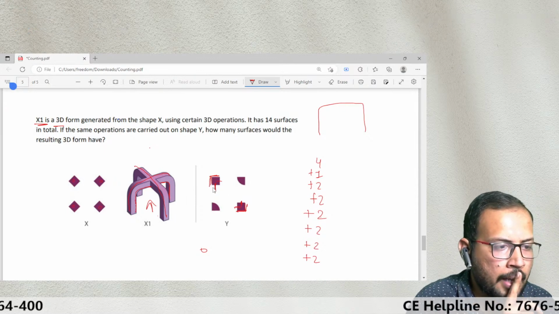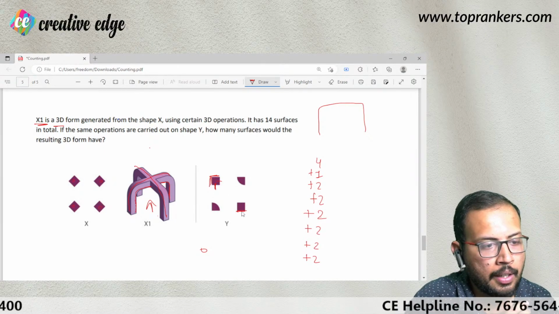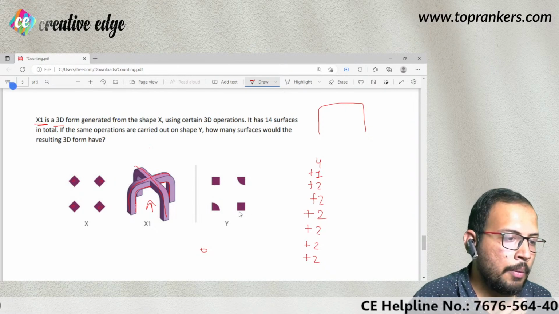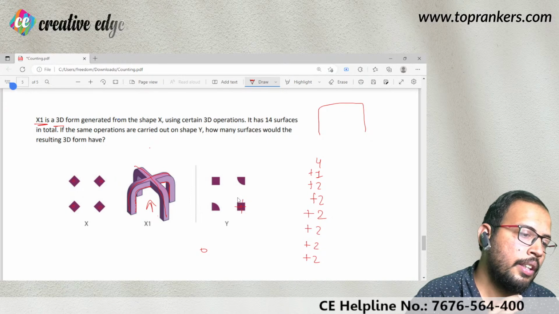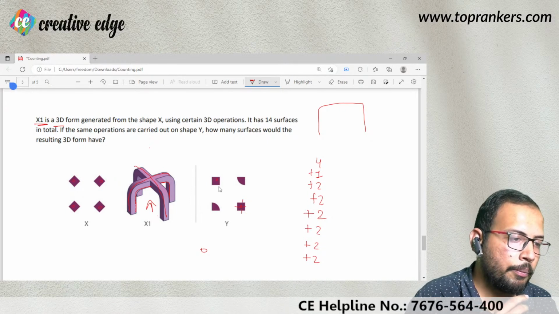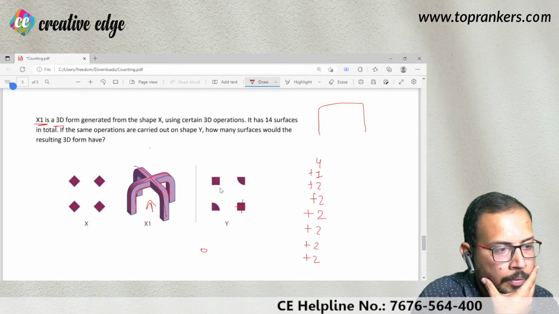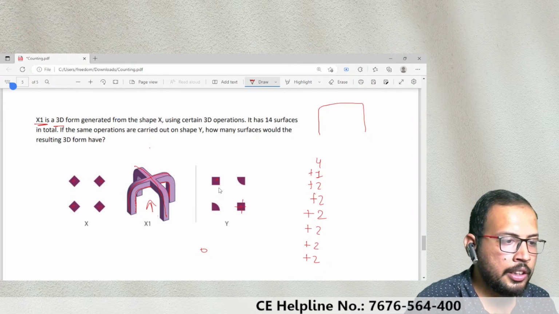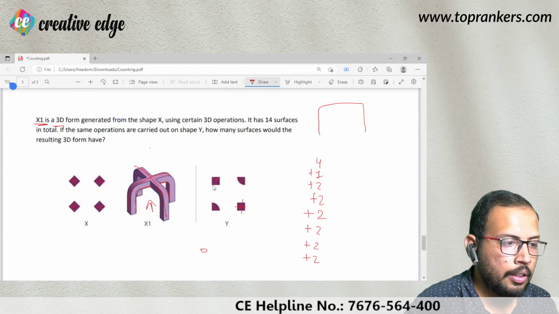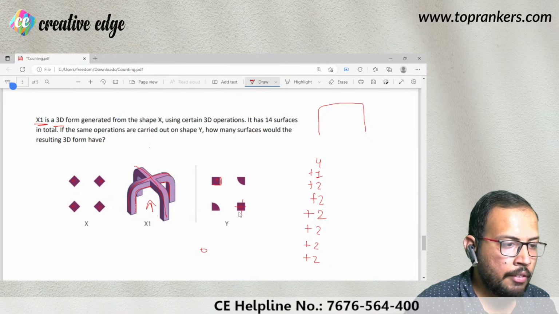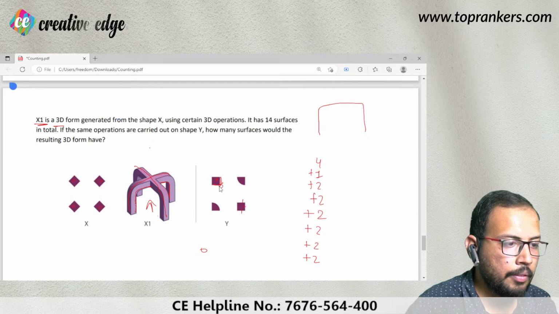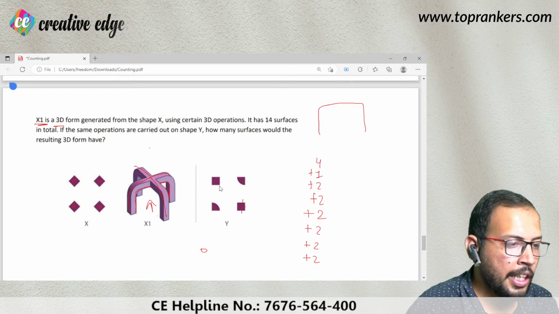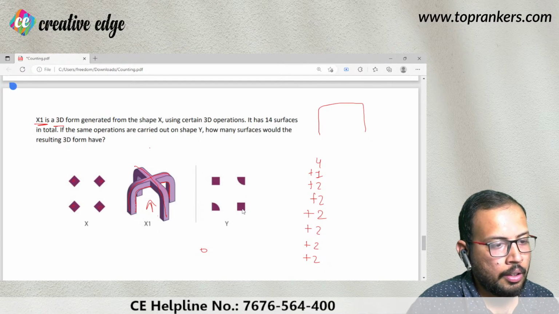So I can see that if I have 17 surfaces, let me count once again if I've counted them right. So I'm going to have 1, 2, 3, 4, 5, then 6. 6 के बाद, in fact, I should understand, ये वाला जो सरफेस है और ये वाला सरफेस है, मुझे ऐसा लग रहा है कि ये कॉमन है। Maybe, let me check it once again.